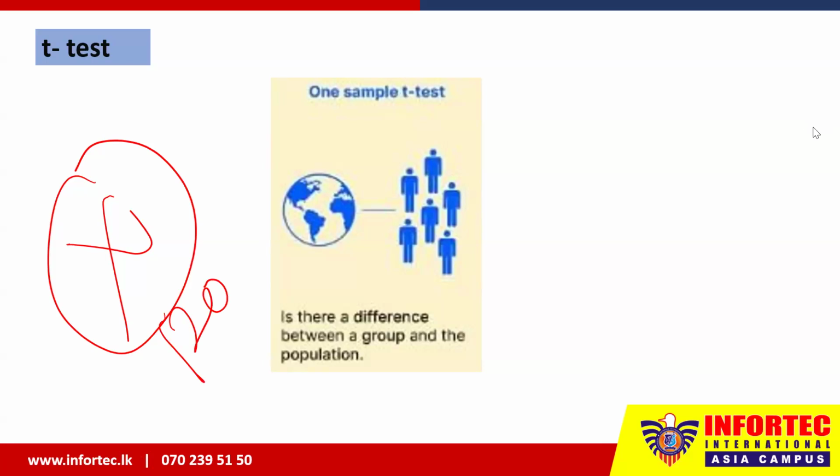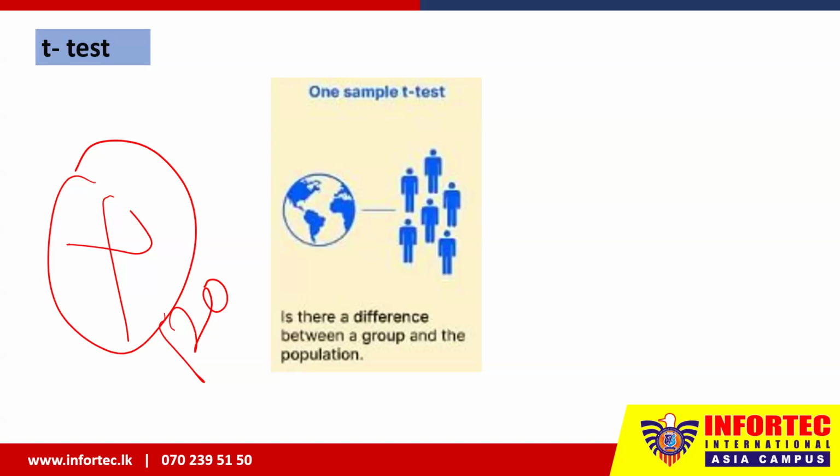Now you have some basic understanding regarding in which kind of occasions you can use this one sample t-test. Because you have a particular sample and you have a particular population, so then you want to check whether the population mean is equal to your considered or standard mean value, like that.